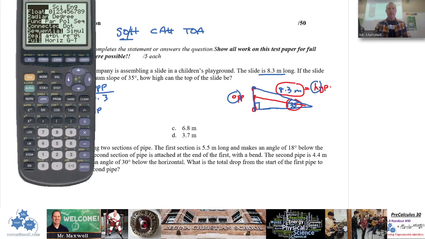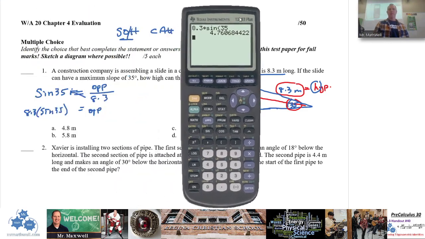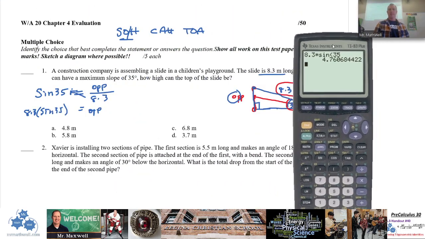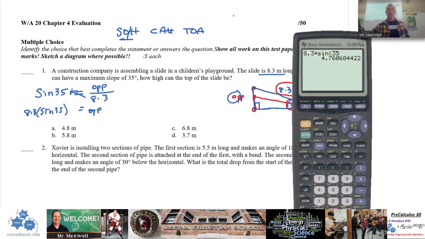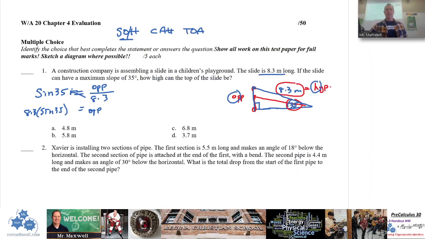And if I am in radians, the default for this calculator is radians. So, okay, let's see. 4.7 or 4.8. Do we see that as one of the answers? Yes. Okay. So the answer to question number 1 is 4.8. That's A.